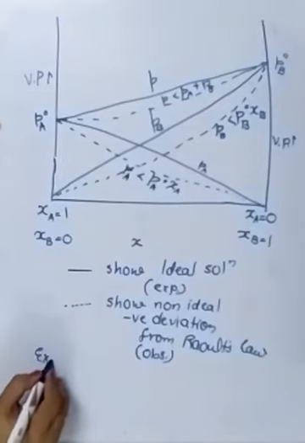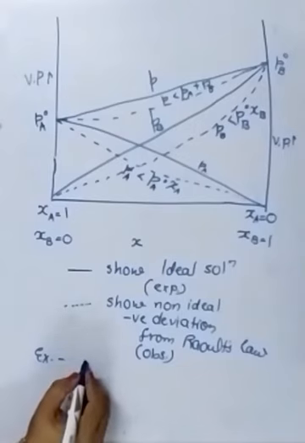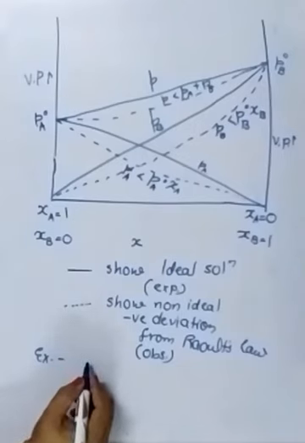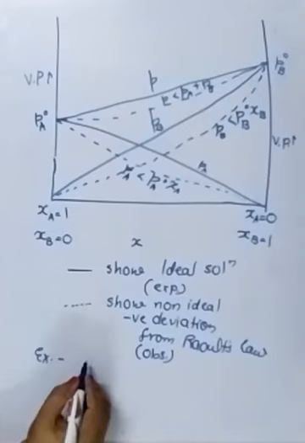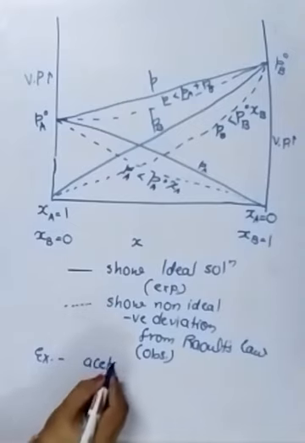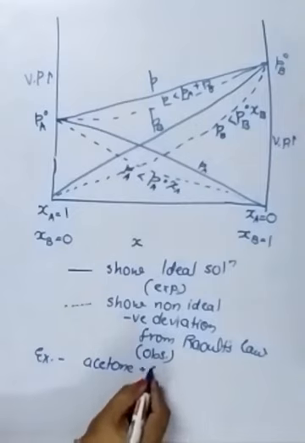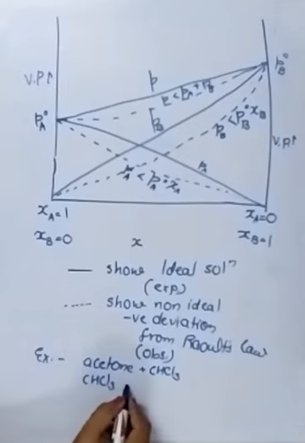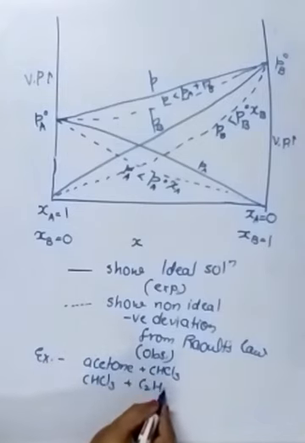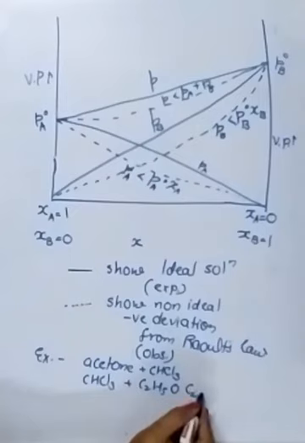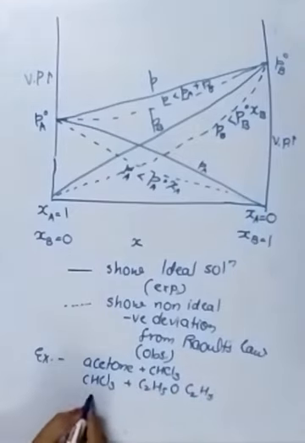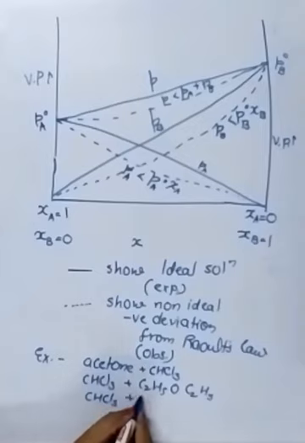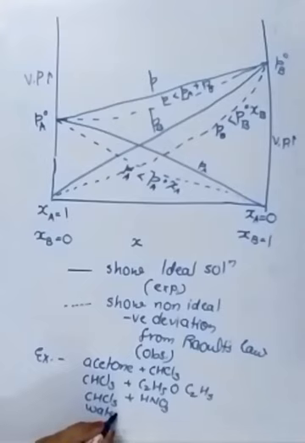Examples, if we see, we'll see that alcohol and acetone and chloroform, chloroform and diethyl ether, chloroform and HNO3, water and HNO3, and many more examples are there.